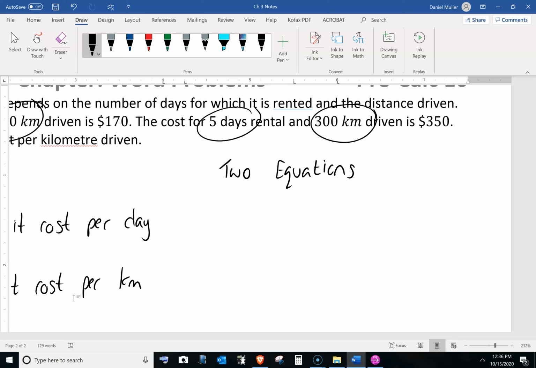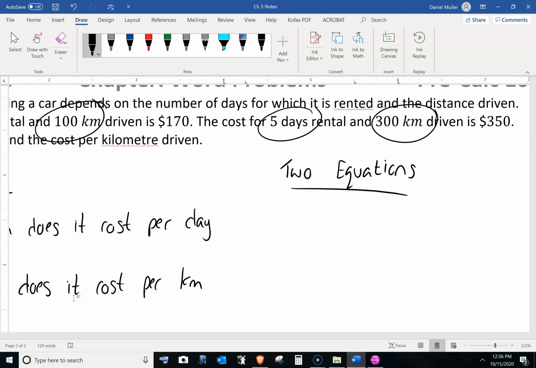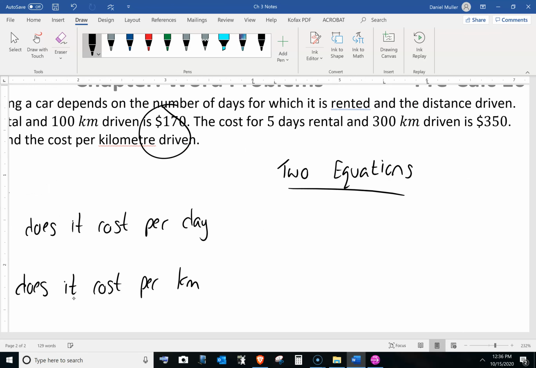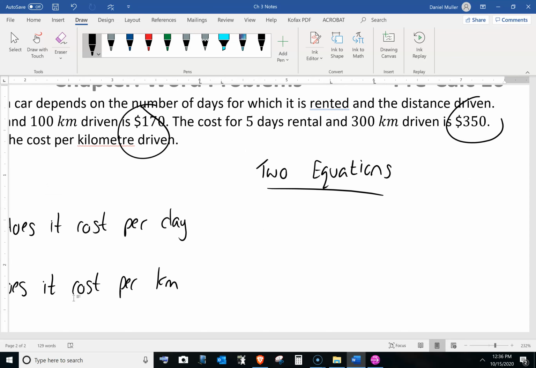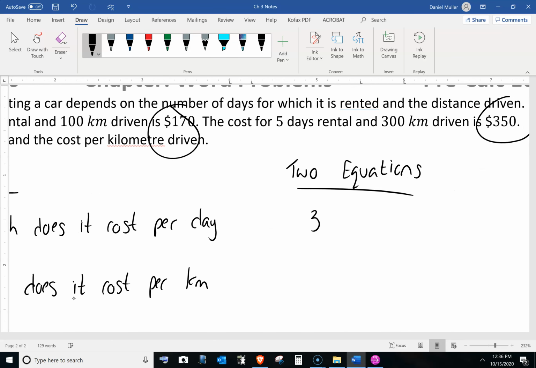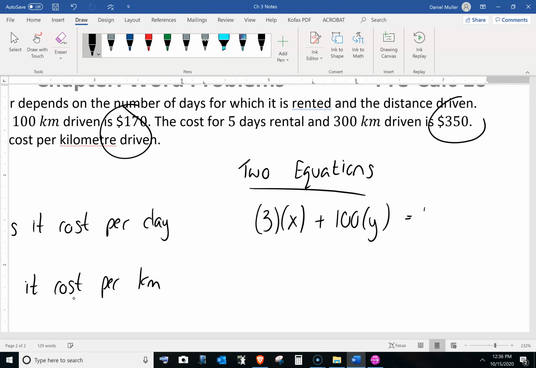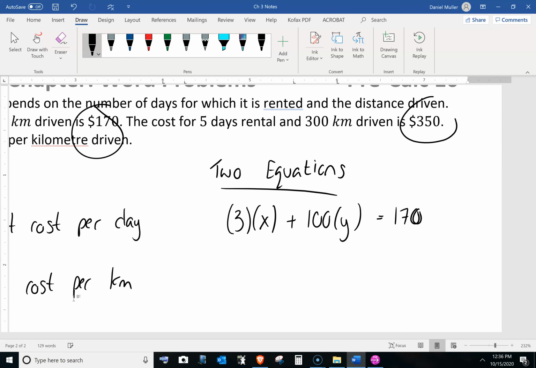And these ones are actually pretty straightforward. They're baked right into here. They give us two total values: a value of 170 and a value of 350. So they say, well, if you do 3 days, so 3 days times however much it costs per day, which we don't know, and if you add 100 kilometers times however much it costs per kilometer, again, I don't know, then that's going to cost you $170.